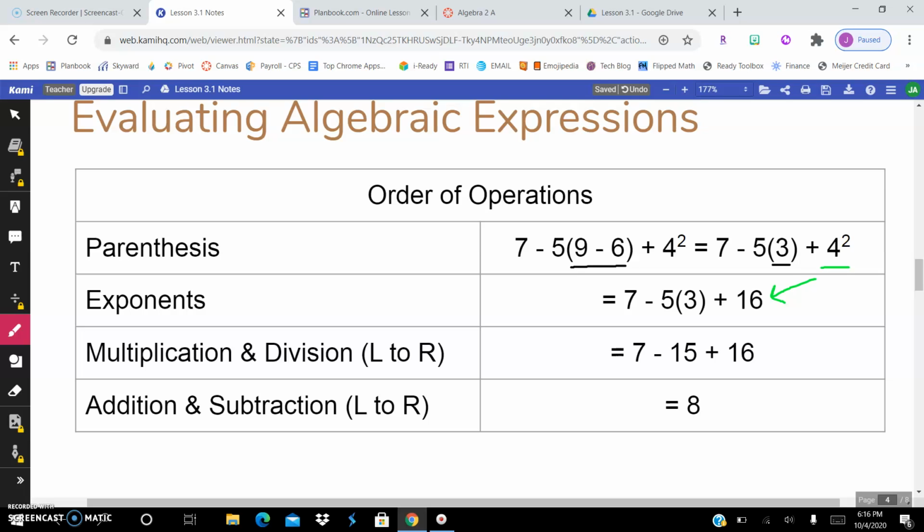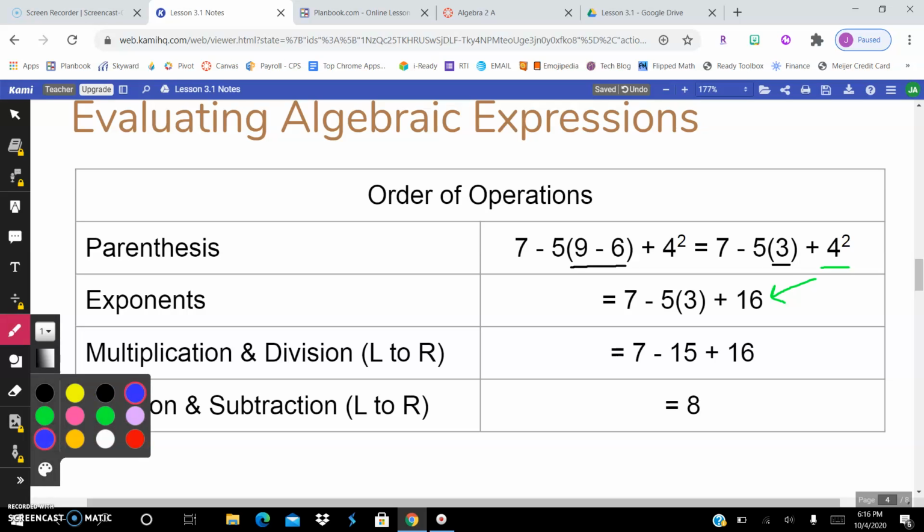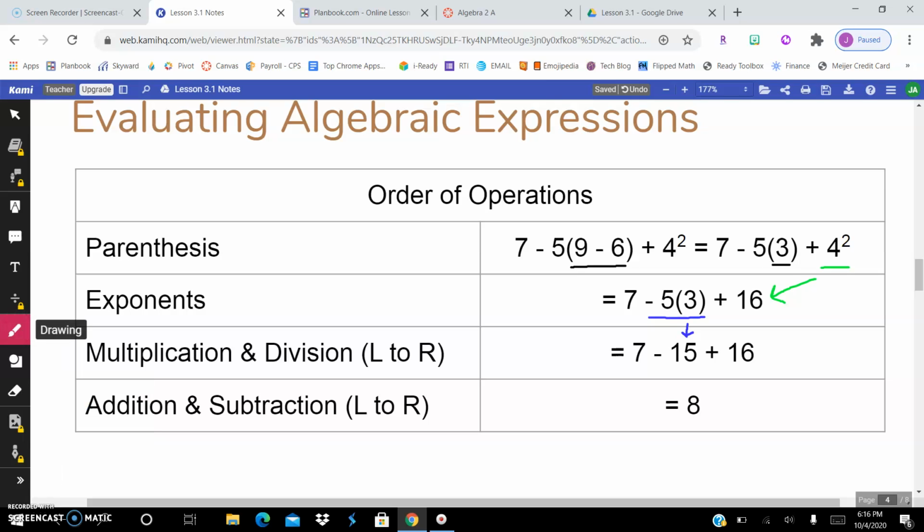And I only see multiplication here, and that was done, this negative 5 times 3 turned into this negative 15 here. And then addition and subtraction are last, and again, those are also left to right. So we had 7 minus 15 plus 16, so we just go in that order. 7 minus 15 would give us a negative 8, and negative 8 plus 16 would give us a positive 8 for our final answer.